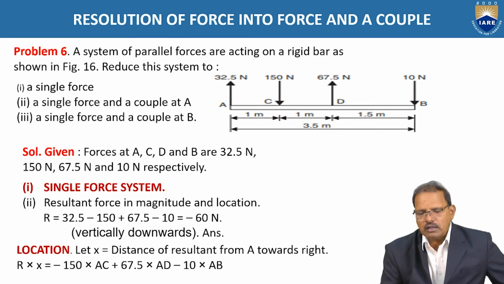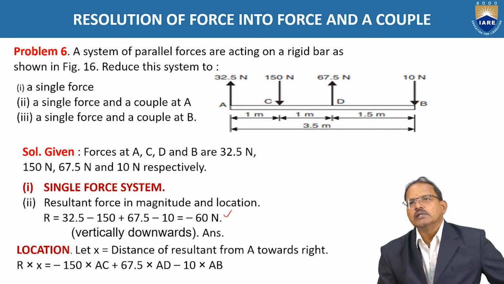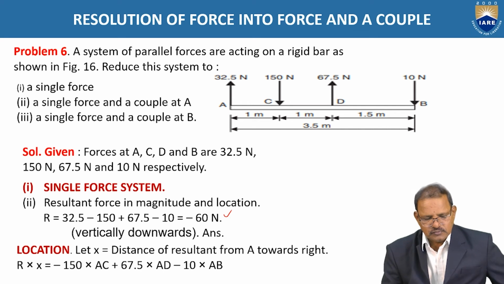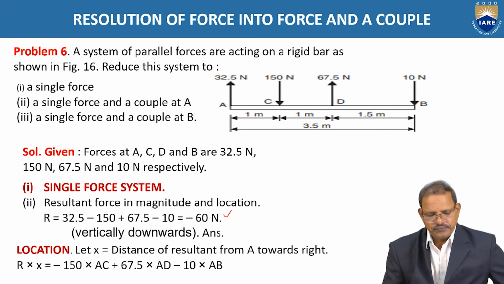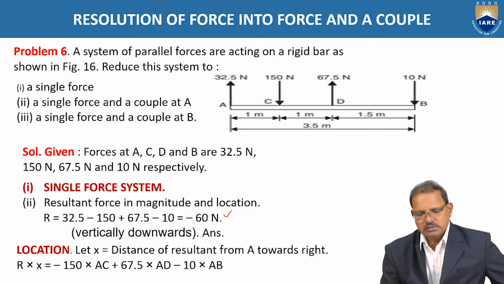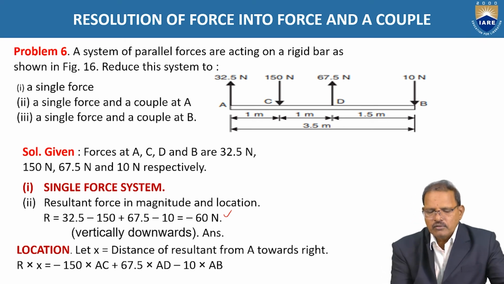Hence, the resultant of these four forces is equal to 32.5 minus 150 plus 67.5 minus 10, which is equal to minus 60 newtons. This minus represents that the resultant force is acting in downward direction. The location: let x be the distance of the resultant force, acting toward the right side as shown from here.